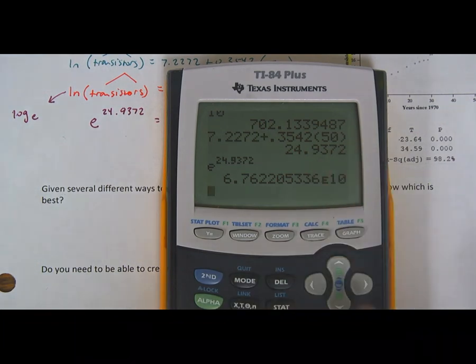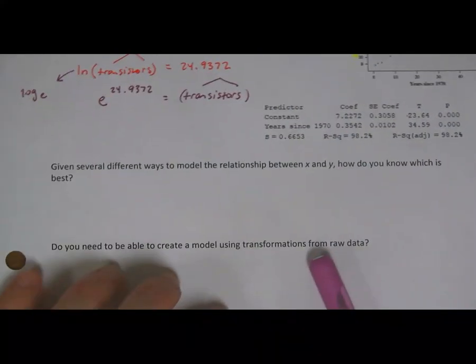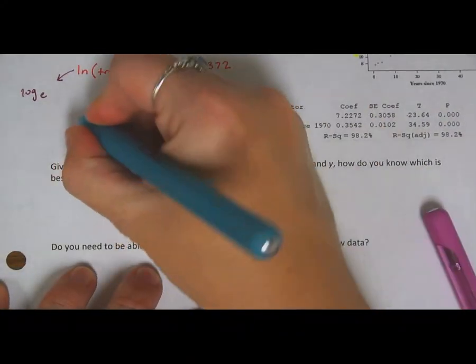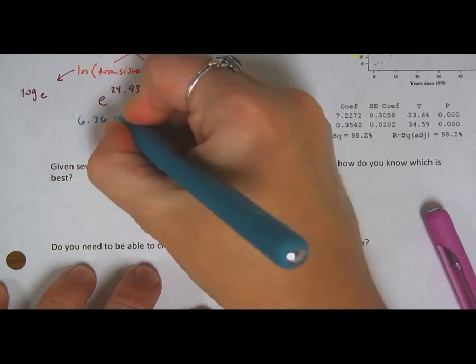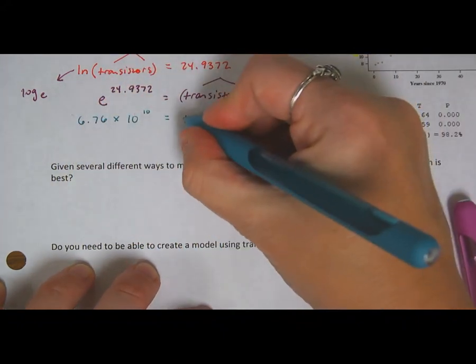What does all this E business on the end mean? Yeah, it's scientific notation. It's the way the TI-84 tells you times 10 to the 10th power. So here is really our answer. It would be like 6.76 times 10 to the 10th. That's the prediction.